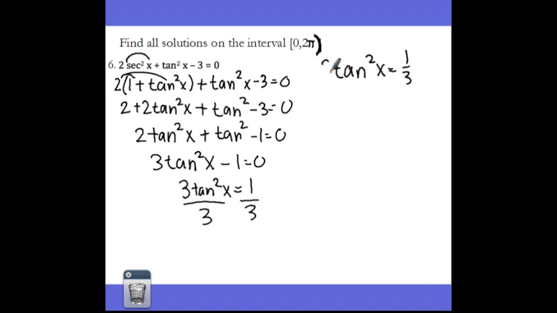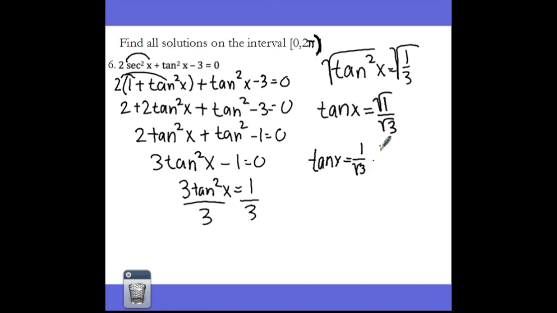And we'll take the square root of both sides, leaving us with tangent of x equals square root of 1 over square root of 3. And we can't have a square root on the bottom, so we'll have to rationalize. So we'll multiply by the square root of 3 on the top and on the bottom. And then we have tangent of x equals square root of 3 over 3.